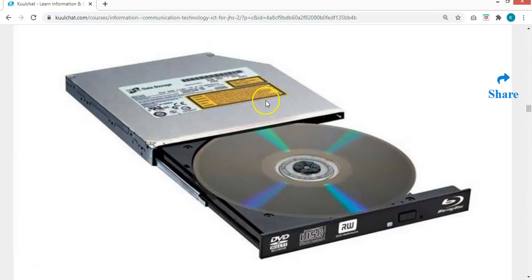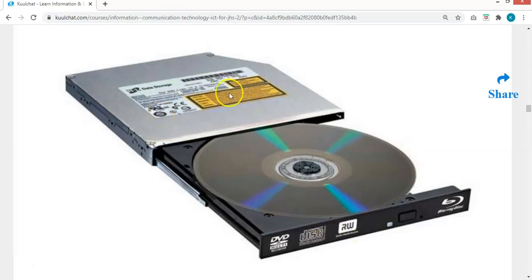Okay, so on the computer we have the DVD or CD drive. On the computer there is a button you press if you want to eject the CD. So if you want to eject, you just press here. Once you insert a CD, you just push this side and it goes inside.